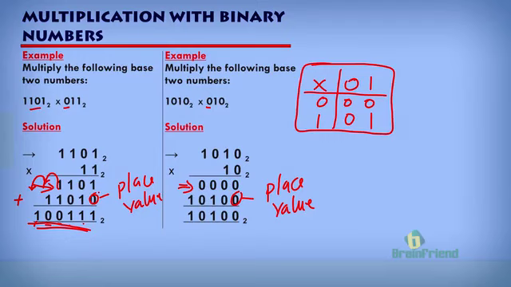So now we carry out our addition. We have our two rows. 0 and 0 gives us 0, 0 and 0 gives us 0, 0 and 1 gives us 1, 0 and 0 gives us 0, 0 and 1 gives us 1. So our answer simply becomes 10100 base 2.